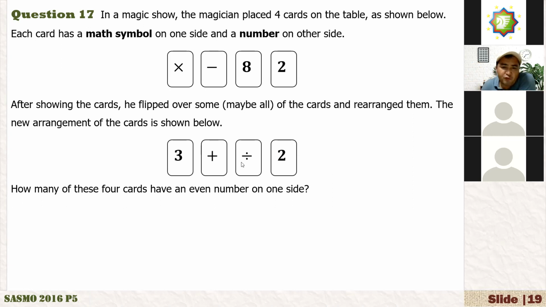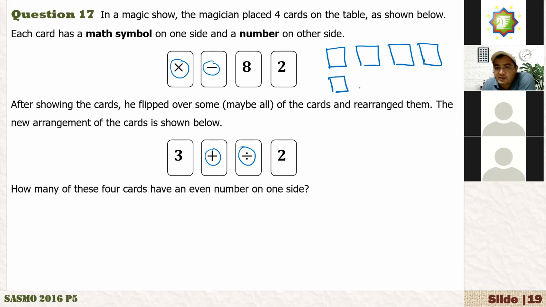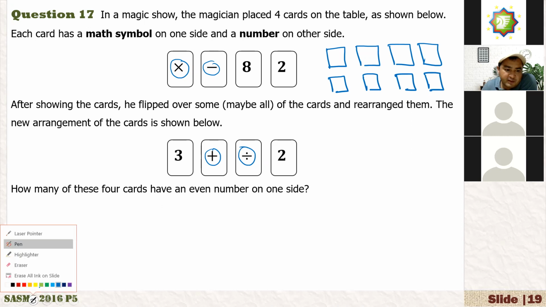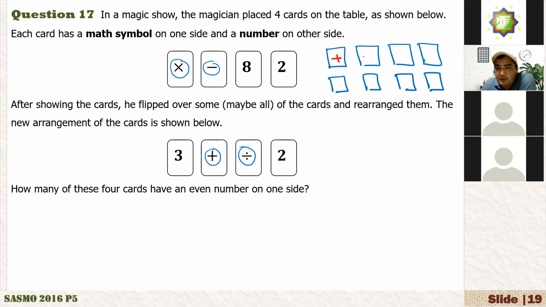As you see here, first we have 4 cards, right? Actually, here we have multiplication, subtraction, addition, and division, right? So that means that behind these cards, let me just write here the first 4 cards. And that's the front side. And the back side. So I know from here what symbols are written here. That is plus, minus, multiplication, and division, right?